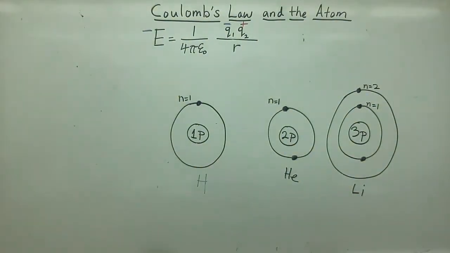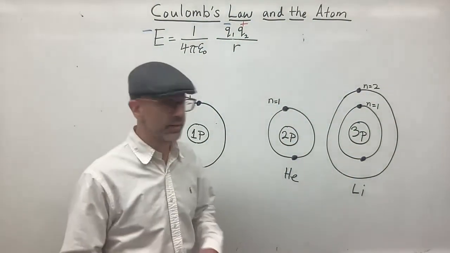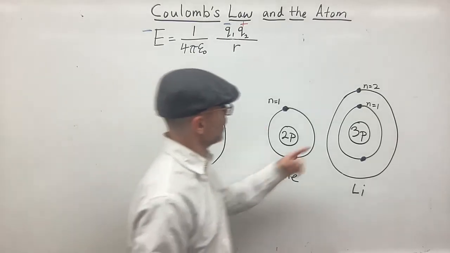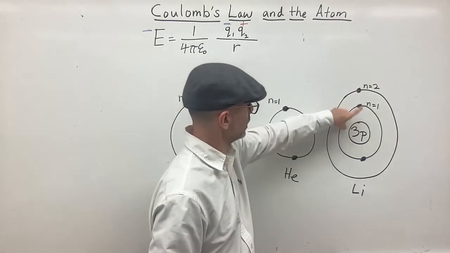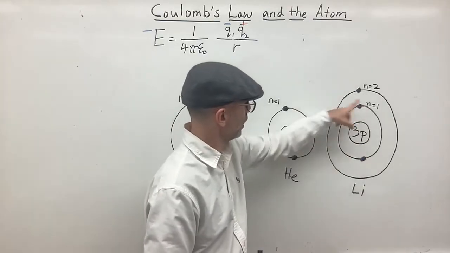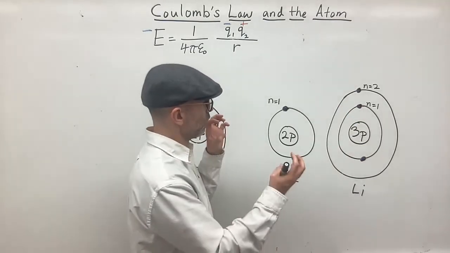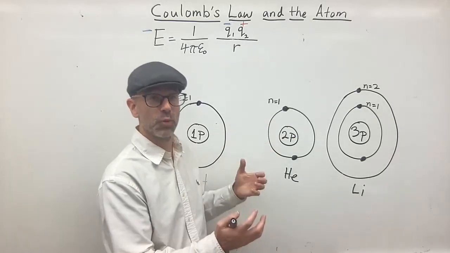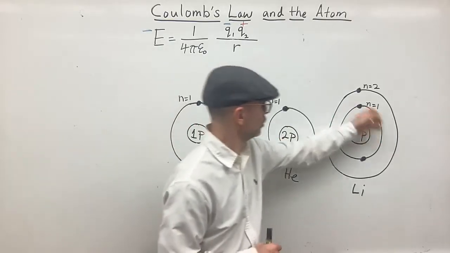So there's that counteracting force. Because of that counteracting force and all these different attractive and repelling forces, there's got to be an ultimate balance between these. And that's what we refer to as shielding.